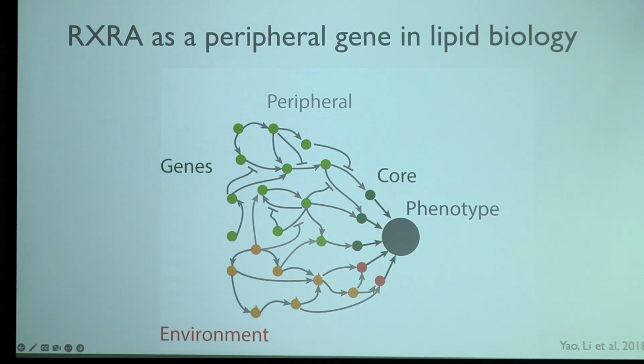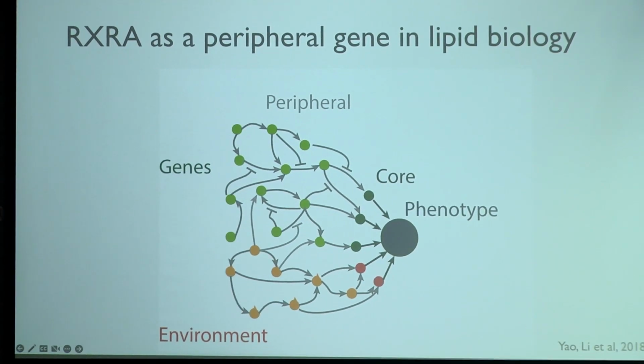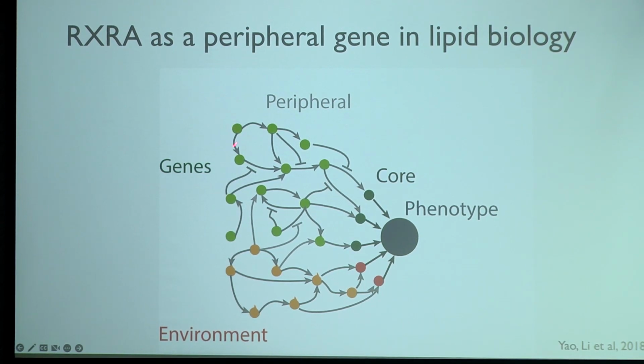And the authors here propose this model where your phenotype is likely to be influenced by a bunch of core genes that have a direct connection to the phenotype, and perhaps these core genes are the ones most likely found in rare diseases. But you also have a bunch of peripheral genes that indirectly affect the phenotype by acting on some intermediate genes, which in turn act on other genes and so on and so forth, till you have a change in phenotype.